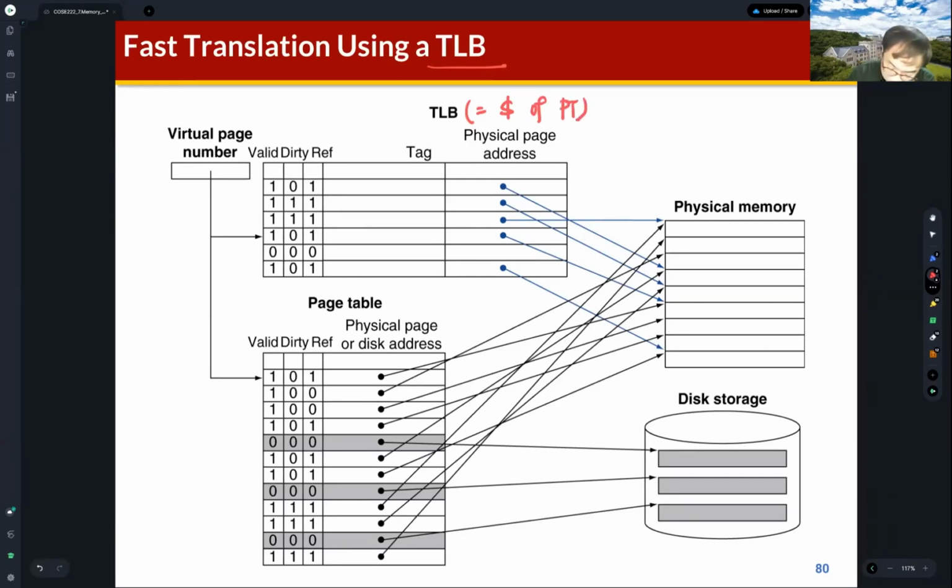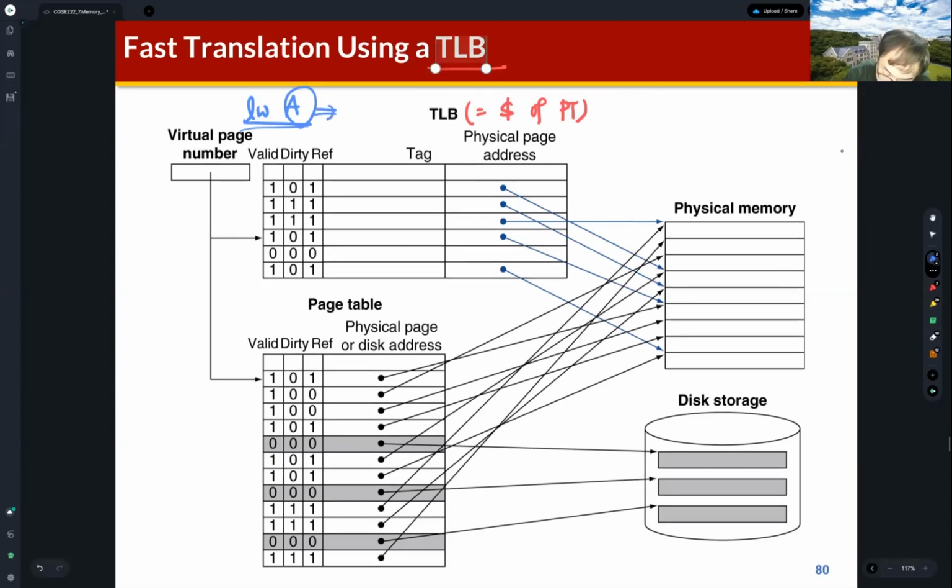Okay. So let us assume that a load word is executed. So this is the address A. In order to translate this virtual address into the physical address, we need to access the page table, right?